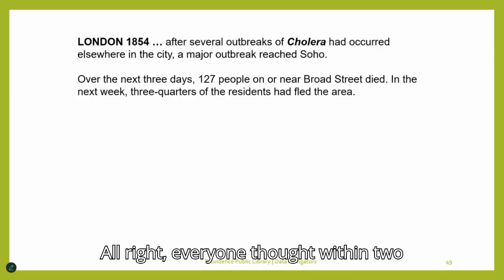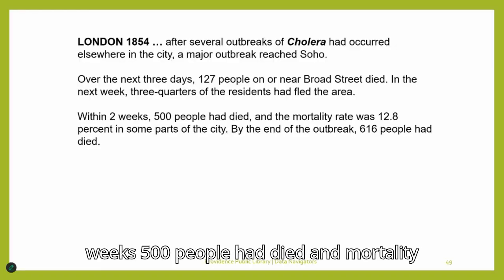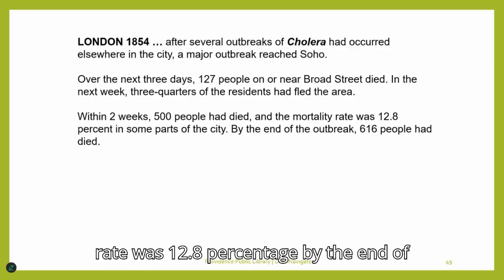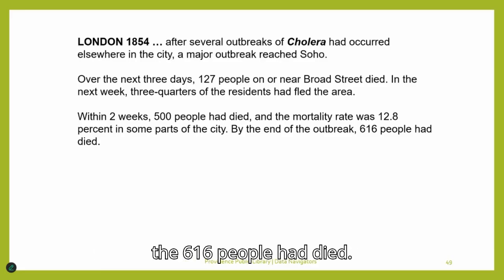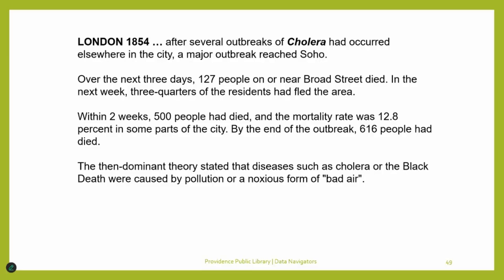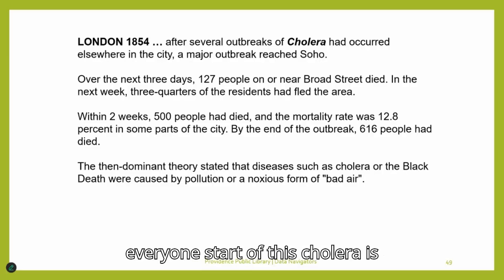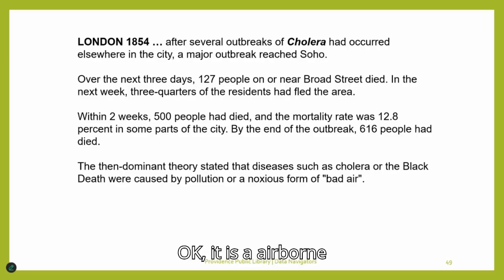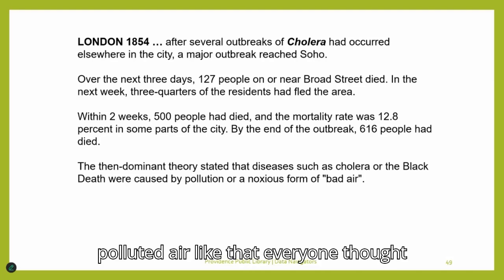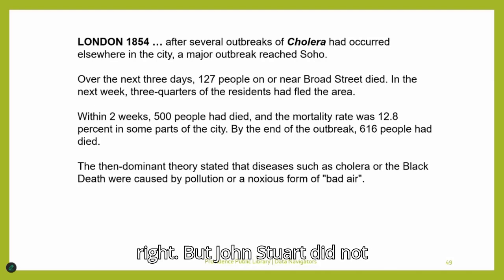Everyone thought within 2 weeks 500 people had died, and the mortality rate was 12.8 percent. By the end of the outbreak, 616 people had died. The dominant theory stated that cholera is an airborne disease, like bad air, polluted air, that is what everyone thought.